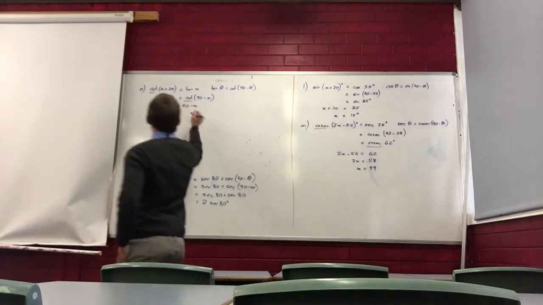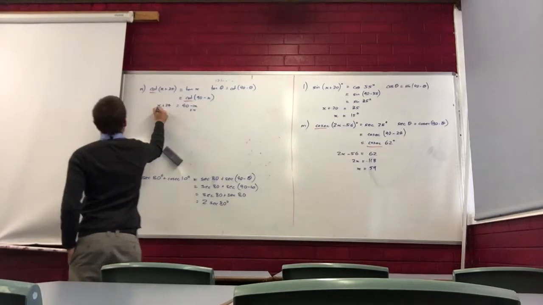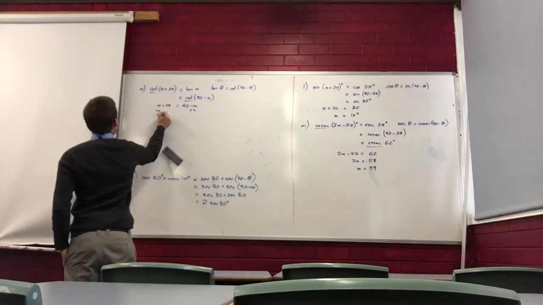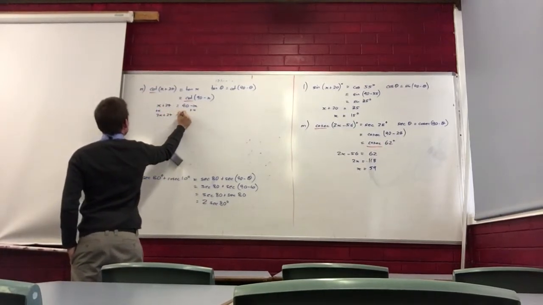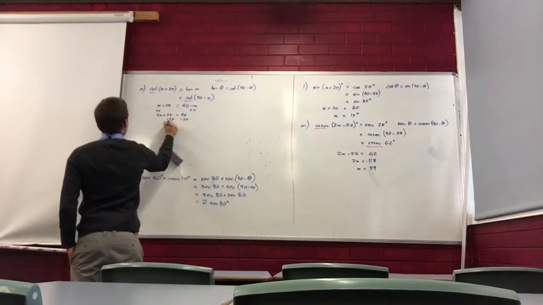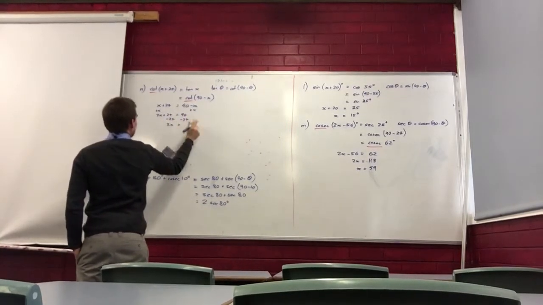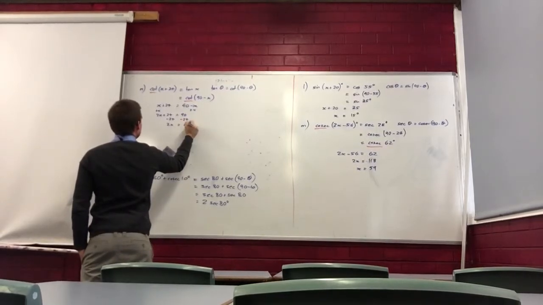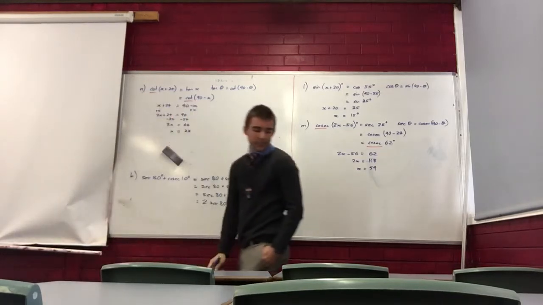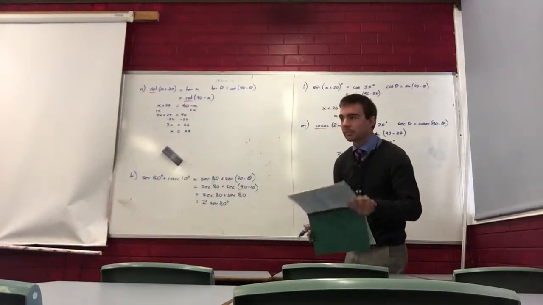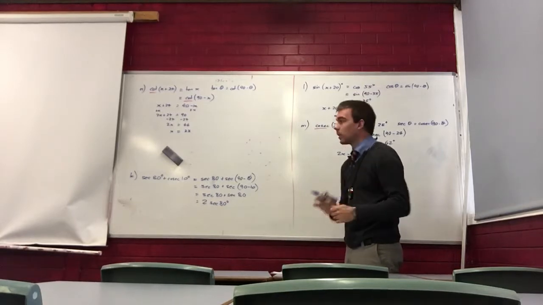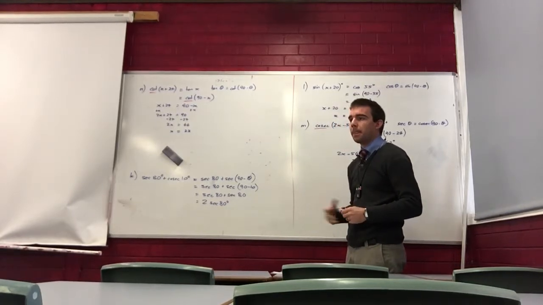Add x to both sides, so we have 2x plus 24, which is 90. Take away 24, so 2x is equal to 66, and therefore x is 33. Right, question?